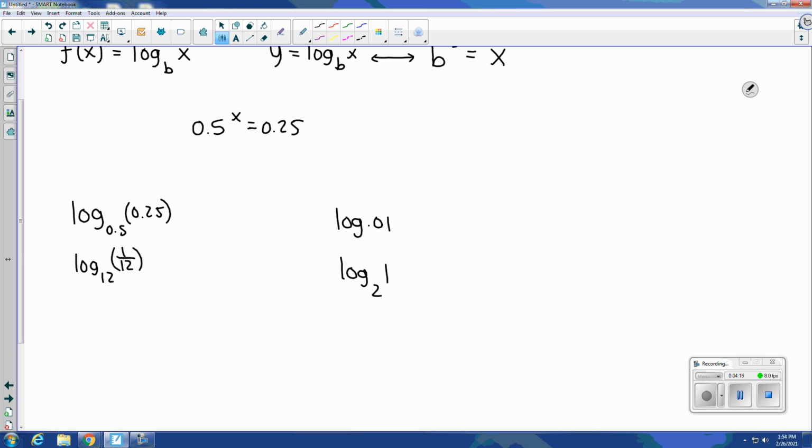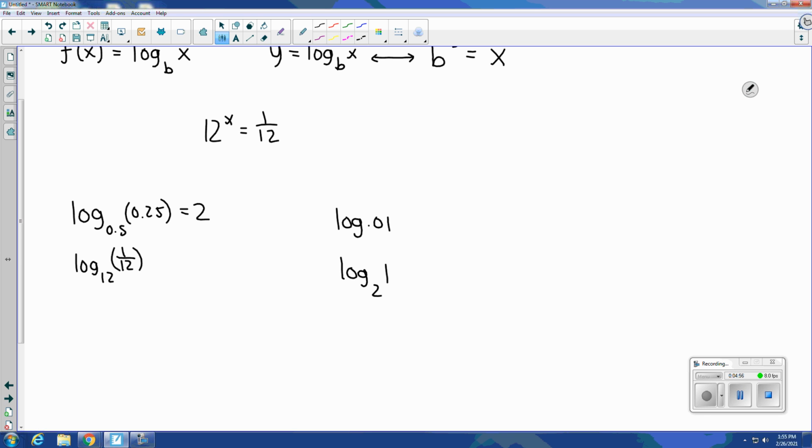Now some of you may be able to compute this as is, but my suggestion to you if you're having difficulty is oftentimes with these log evaluations, if you convert a decimal into its fraction equivalent, it's easier to recognize what the exponent is to make that equation true. So what value of x must be present for 1/2 raised to that power of x to equal 1/4, and you would find out that that value of x is 2, so this logarithm is equal to 2. Looking at the one below, converting to exponential form.